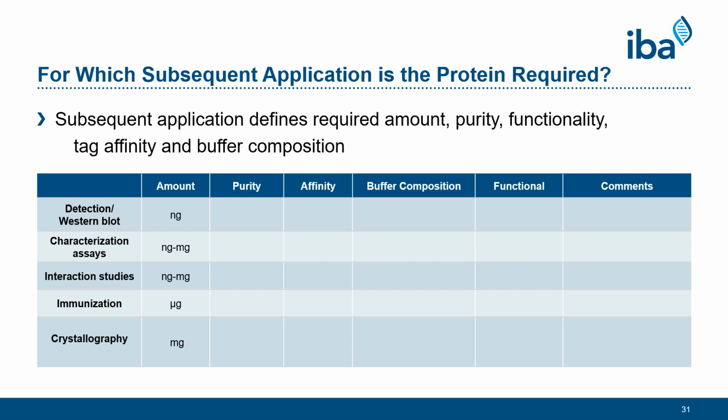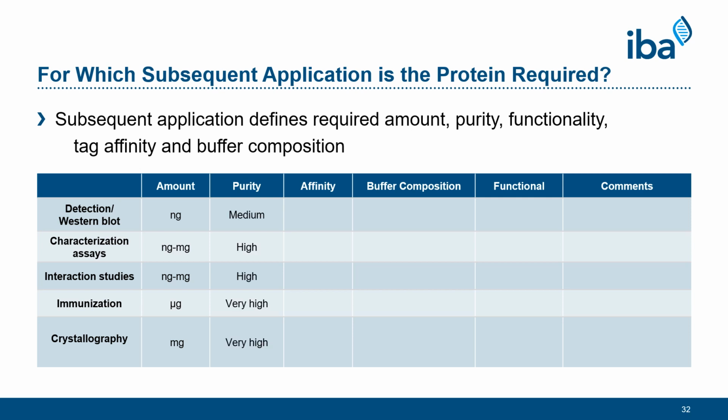For Western blot and immunization, only small amounts are necessary, but for crystallography, characterization, and interaction studies, mostly several milligrams are necessary due to the several test conditions and replicates.